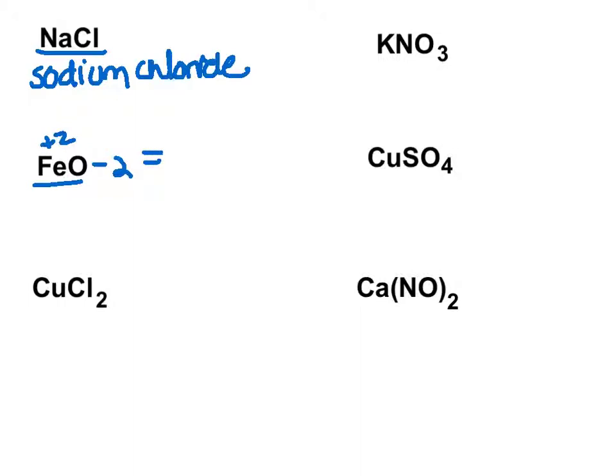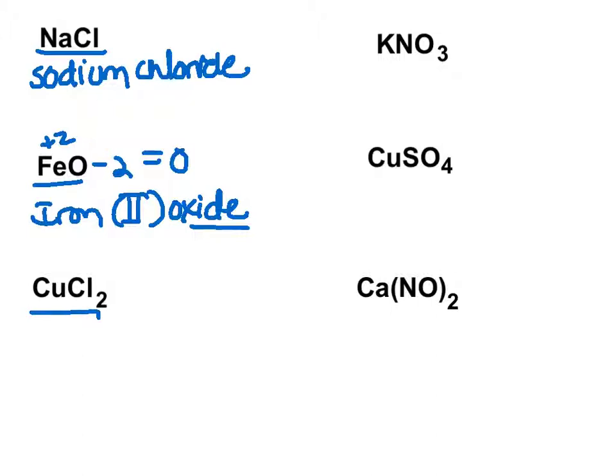That means that their charges have to add up to 0. So now that I've determined that this is iron +2, I'm going to write the name as iron, and then in parentheses, Roman numeral 2, oxide. Since it's binary, it's going to end in IDE.